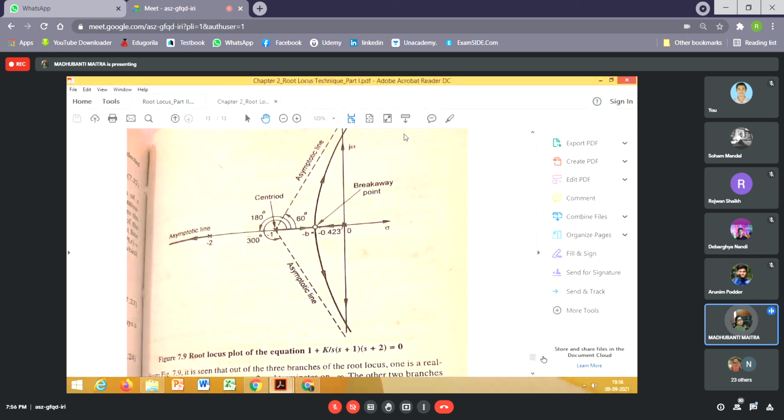If we go by the definitions of breakaway and break-in point, this is one breakaway point. At this point, you see the value of gain k is increasing in this direction as well as in this direction, isn't it?